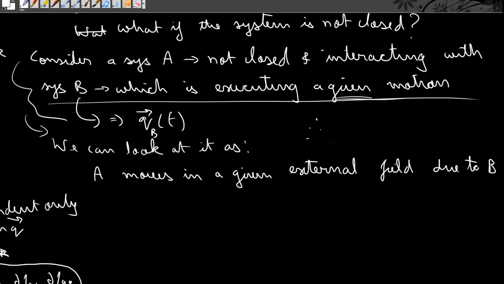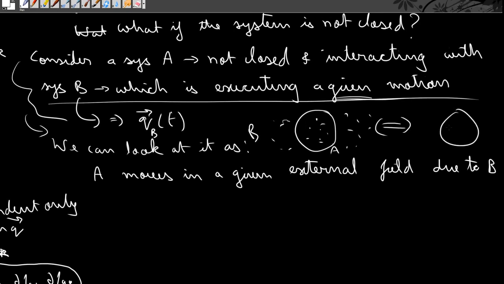When the particles which constitute system A are interacting with particles which constitute system B, we can look at it as if we just have the system A kept in some external potential, and the value of this external potential will depend on how these particles move.